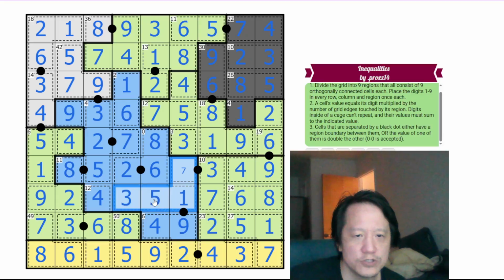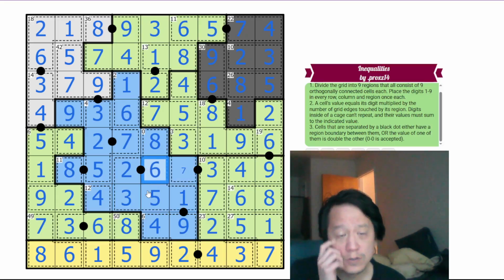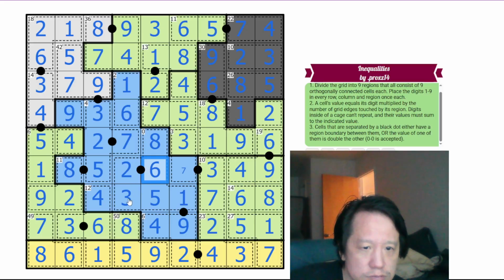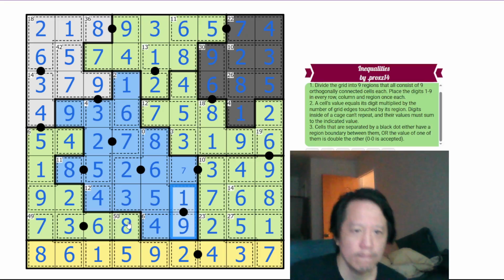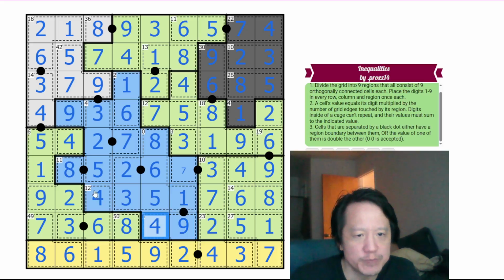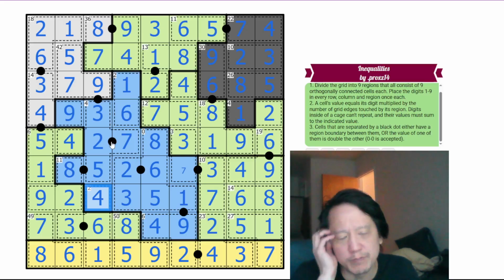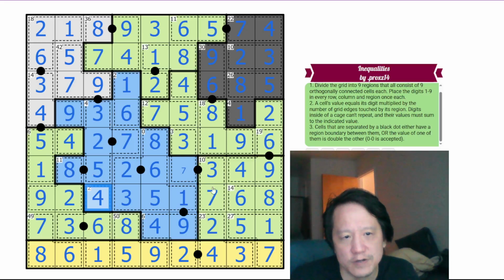How do these regions work? This 4 is part of a different region than this. So I don't think this is an either. This has to be either or. It cannot be both. 8 is obviously part of the region with 5 here.